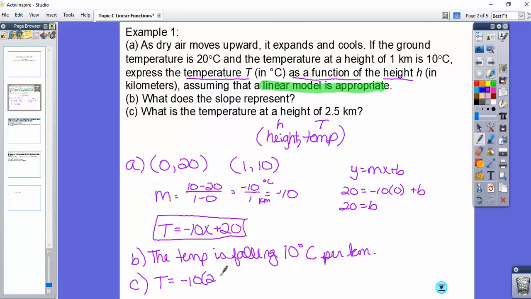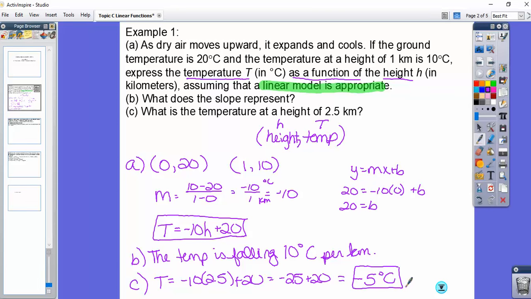So if I plug 2.5 in for my h, and I just realized I have a mistake because I told you I was using h and I put an x anyway. Okay, if I plug that in, we get negative 25 plus 20, which would be negative 5 degrees Celsius.